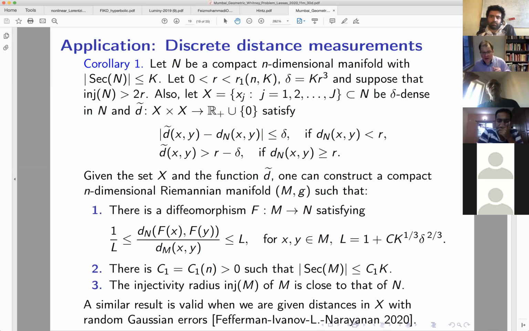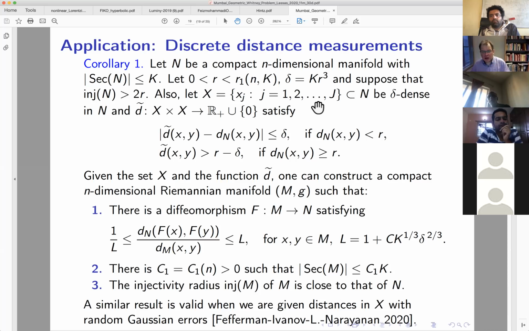There we assume that we have some smooth manifold N, and then we choose a subset of it by random sampling. We take randomly sampled points, and for all the randomly sampled points, we imitate this.